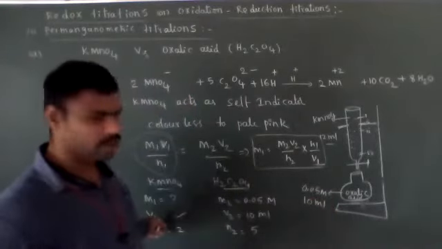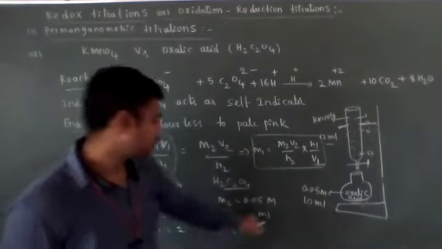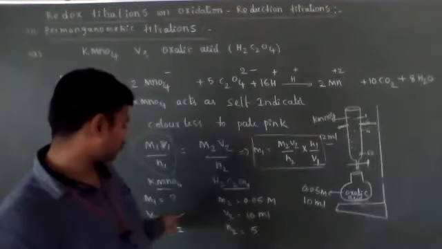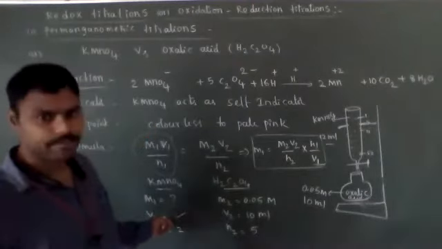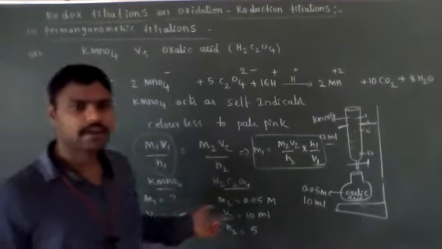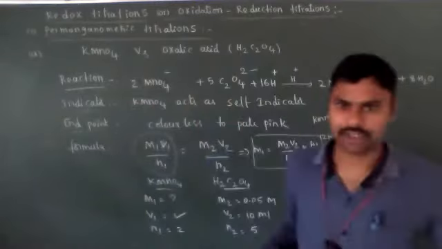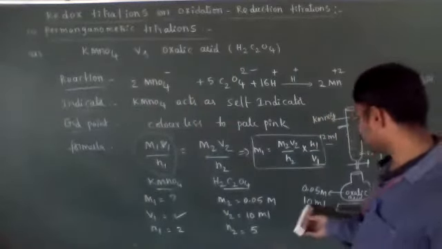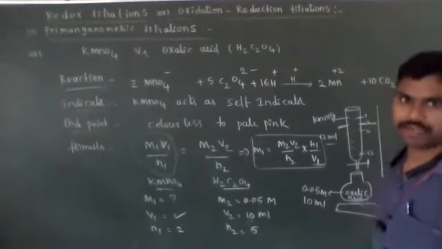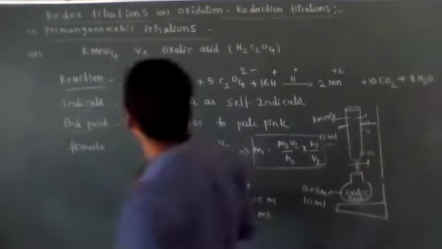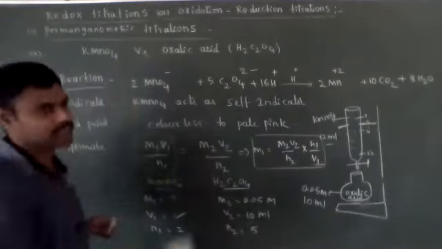Then automatically V1 will increase. If 20 ml, then more quantity of KMnO4 solution we need to use. But standardly, 10 ml is enough for doing the volumetric analysis. Okay students, so the first titration is KMnO4 versus oxalic acid.